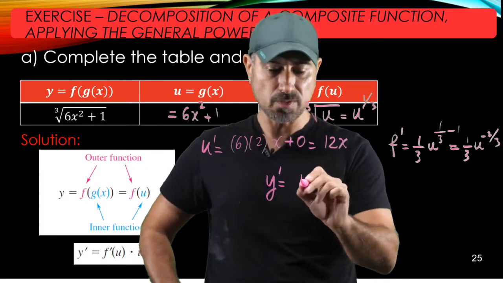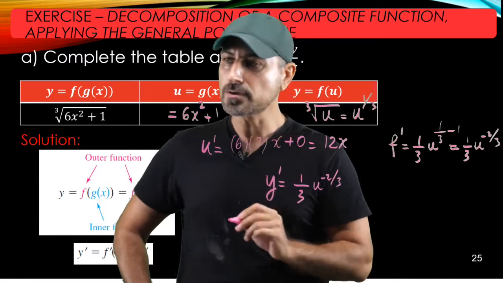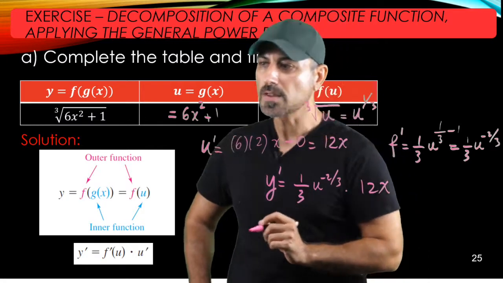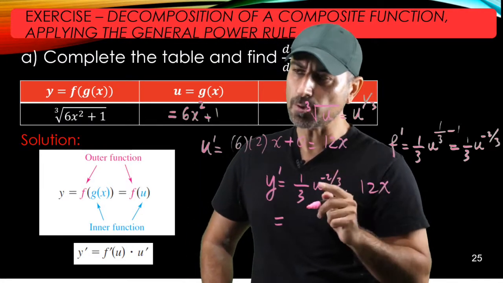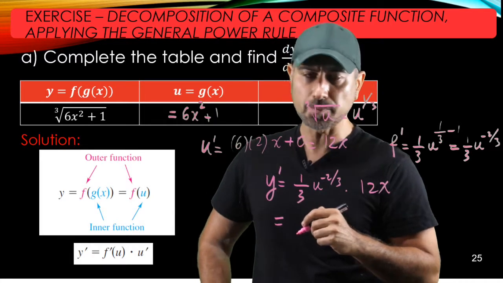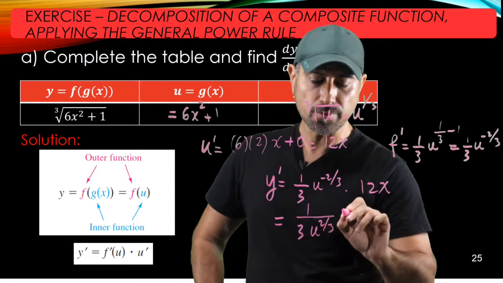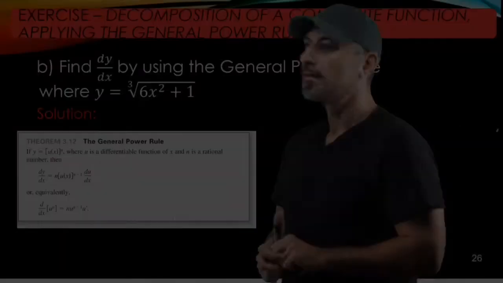So f prime is 1/3 u to the negative 2/3 times u prime, which is 12x. Okay, let's simplify this because we don't really want to carry forward the negative exponents. We want to write it as reciprocals. So this is 1/3 u to the 2/3 in the denominator, and 12x times this, in other words.